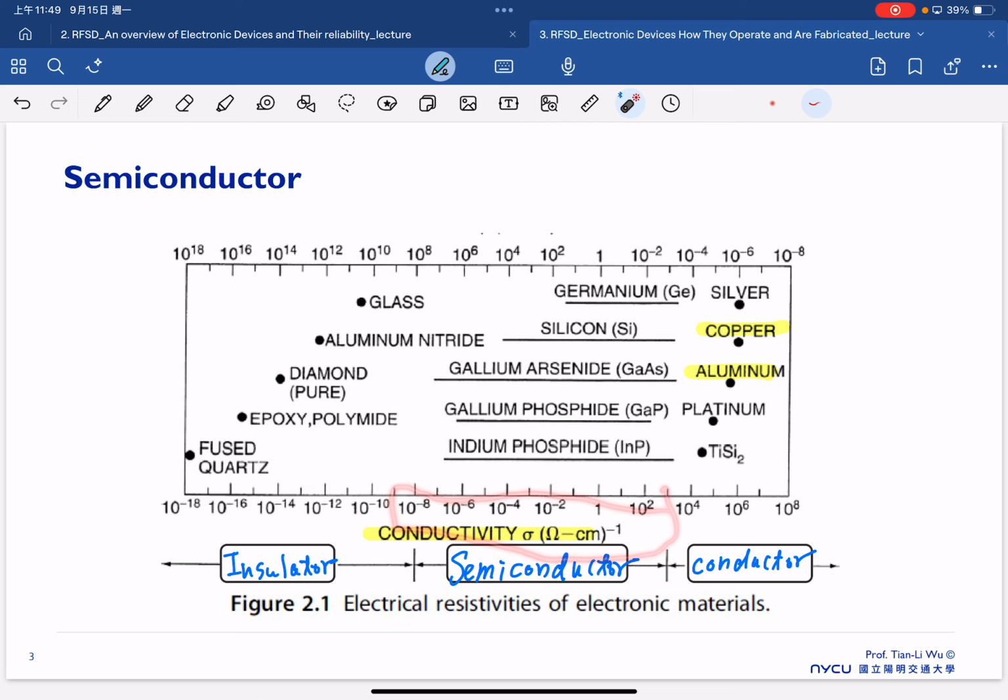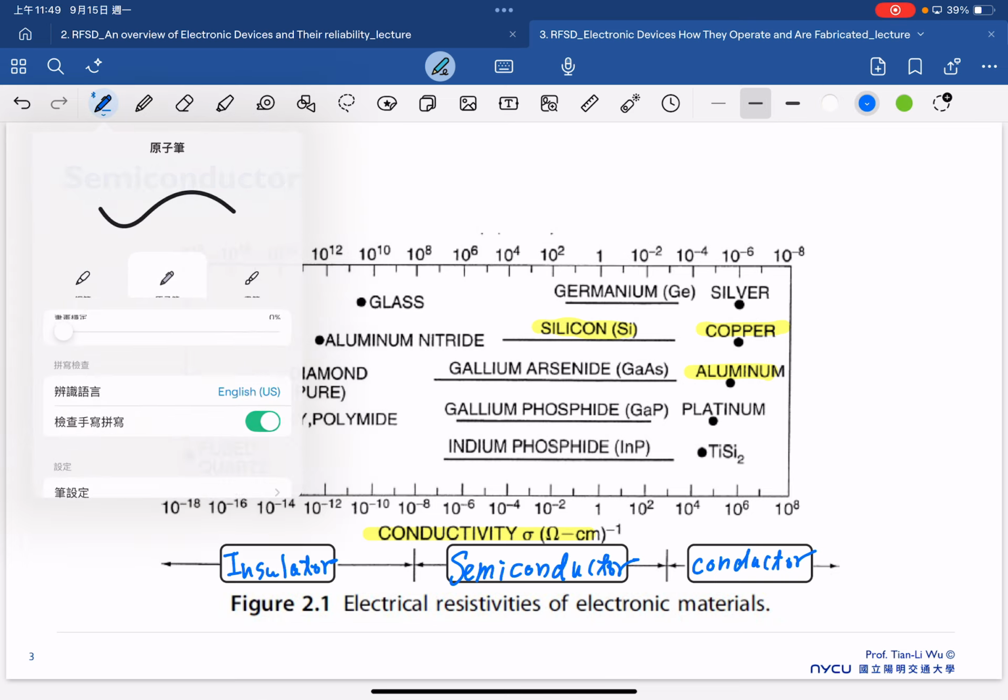This is from 10 to the minus 8 to 10 to the 4, so we have a 6 order difference, and everything here can be easily controlled by the additional bias. That's why this semiconductor is very powerful, especially silicon, which nowadays is still the dominating material.